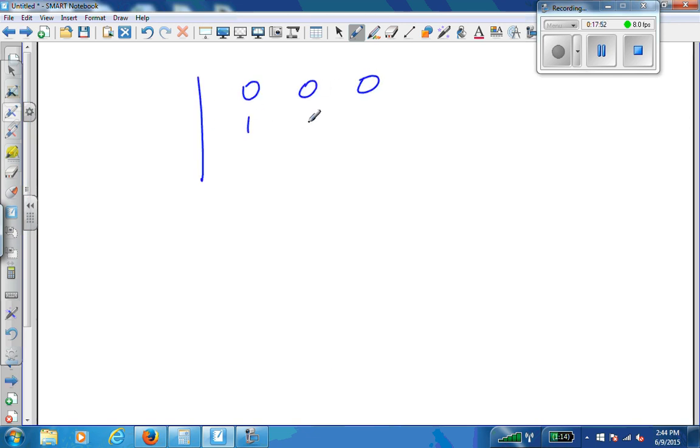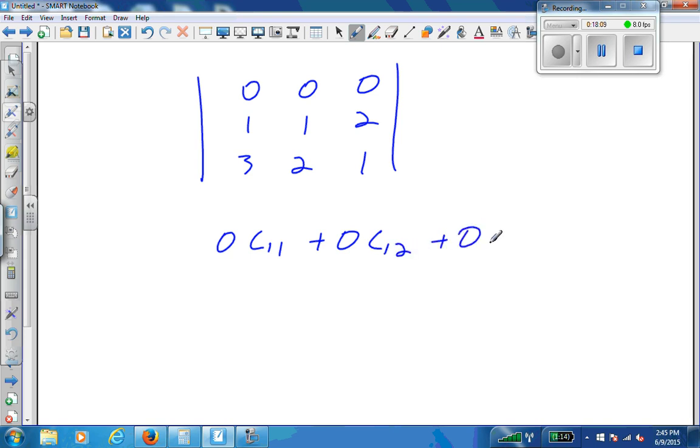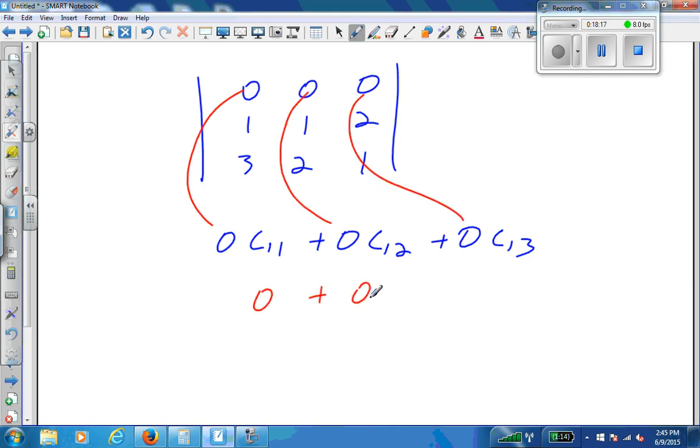Whether it be 2 by 2, 3 by 3, or whatever. Notice if we have all zeros on that first row, or on any row, if we expand across this, it's 0 times our 1,1 cofactor, 0 times our 1,2 cofactor, 0 times our 1,3 cofactor. So for each of those expansions, we get 0.